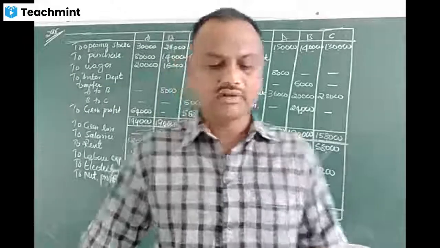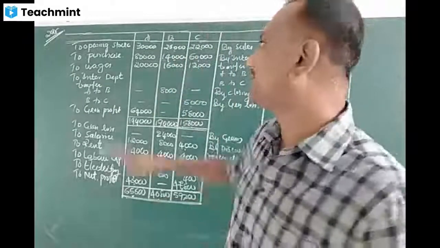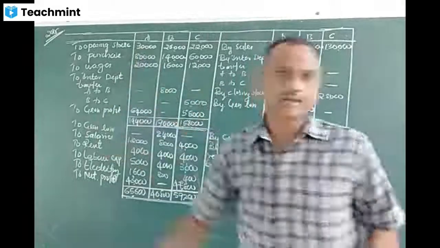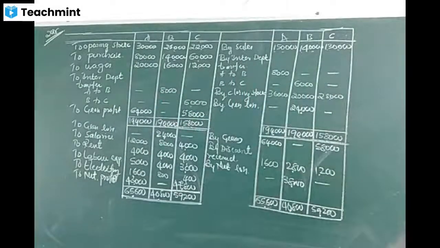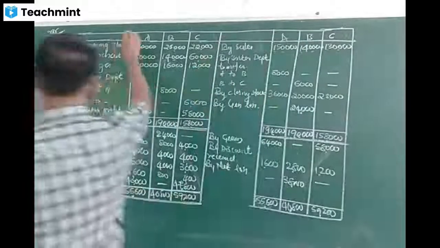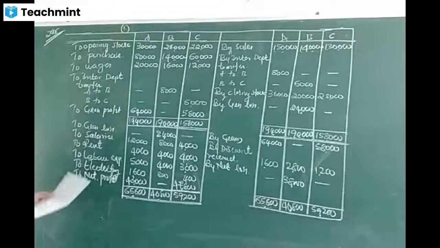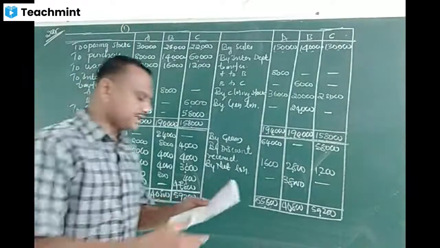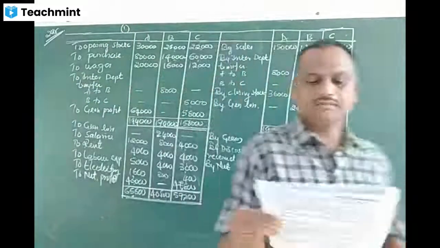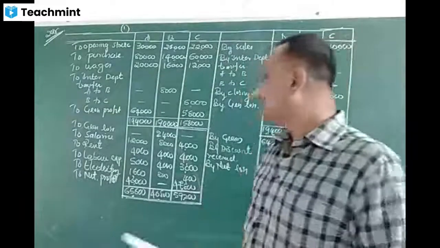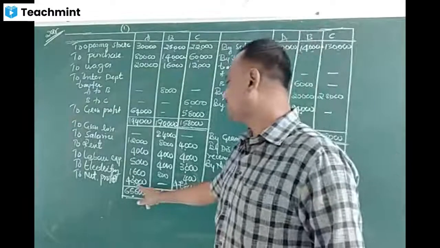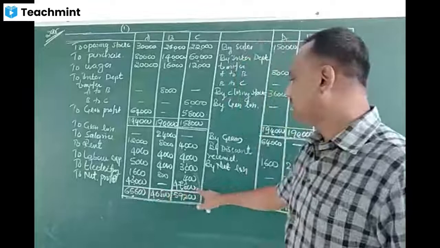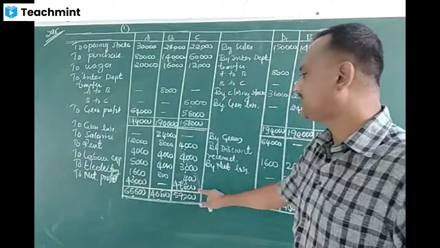A: calculate profit or loss of all departments. For this statement you have to give number one. That is profit or loss of all departments. Here department A net profit 43,000 and department C 47,800.